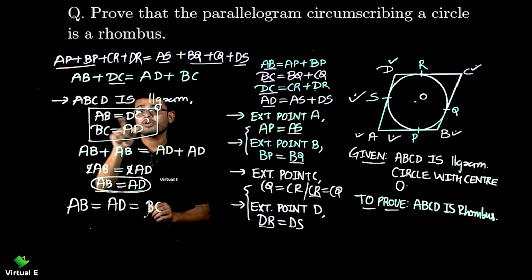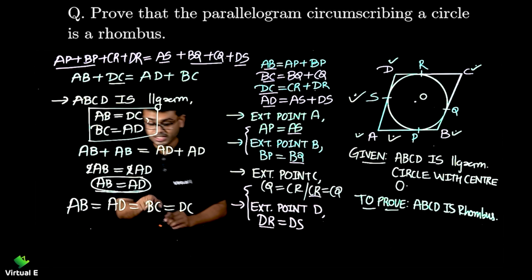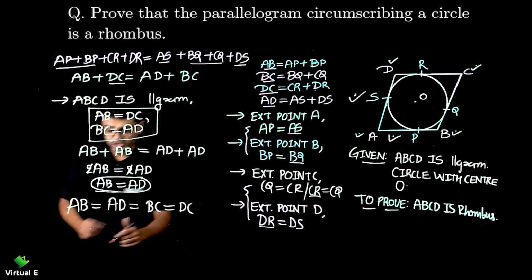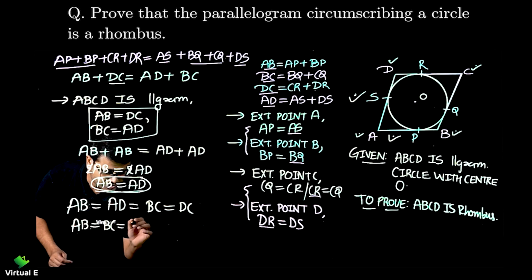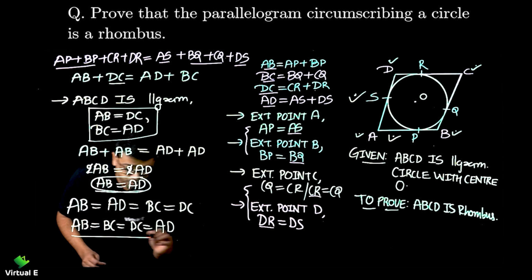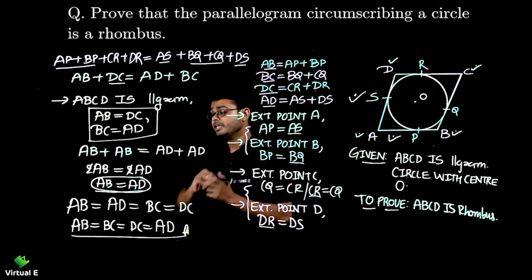And what is related to AB? That is DC. So AB is equal to BC is equal to CD is equal to AD. Let's arrange in the proper way. So AB is equal to BC is equal to DC is equal to AD. So all 4 sides are equal.